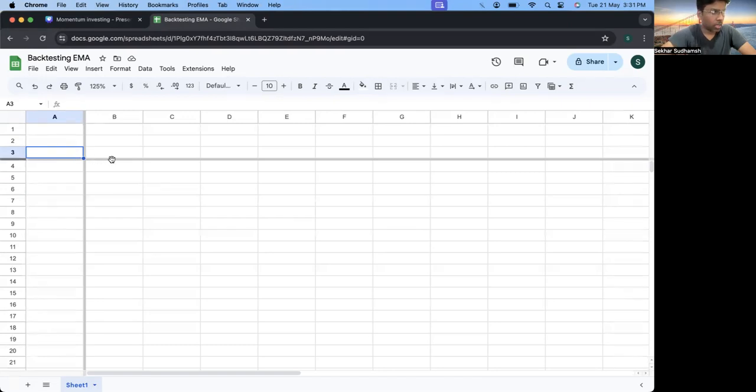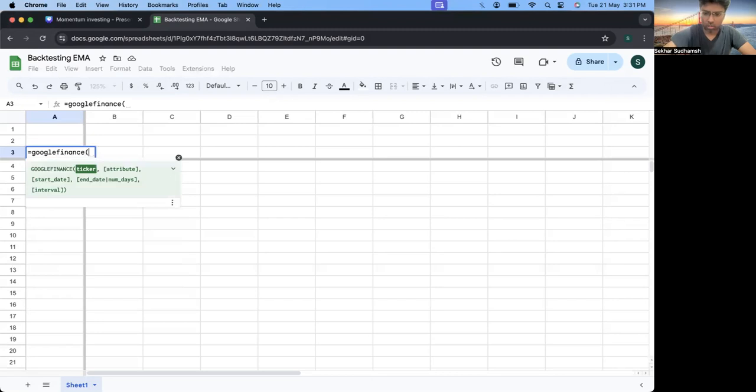To get the raw data, I'll use the Google Finance function. So let me write down the Google Finance function equal to NIFTYBEES. The attribute is price. And the start date, I'll take exactly the 10 years back date, which is 2014-05-21. And the closing day will be today.